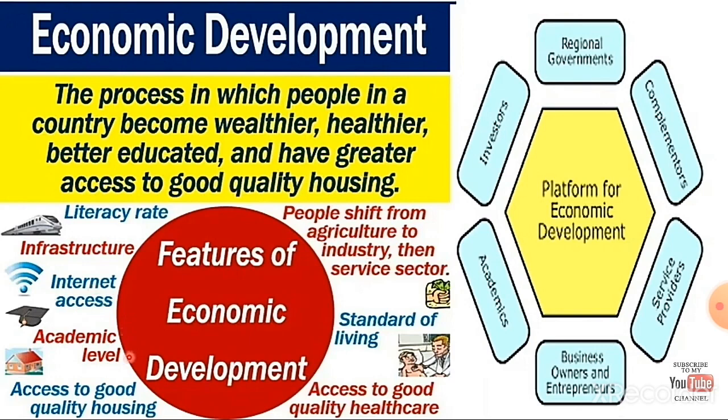The features of economic development are literacy rate, infrastructure, internet access, academic level, access to good quality housing, people shifting from agriculture to industry, standard of living, access to good quality healthcare. So these are the features involved in economic development of the country.